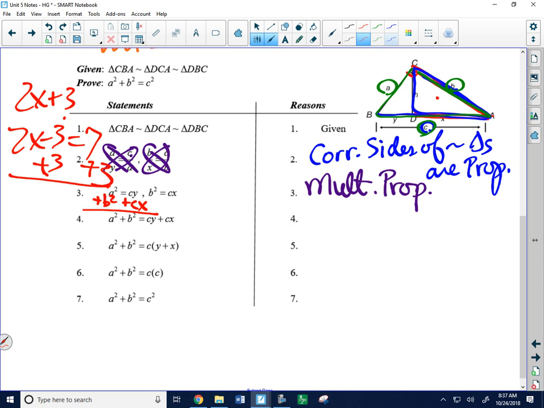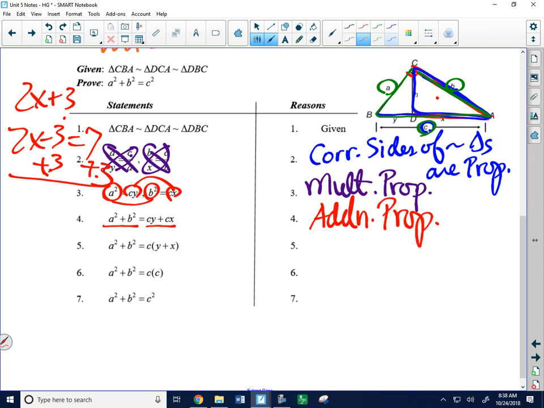They look different, but it's just like adding 3 to both sides, since b squared equals cx. Sometimes, if you don't like that, you can think of it as just adding the left sides to get a squared and b squared, and adding the right sides to get cy plus cx. Either way, I'm adding. It's just addition property.